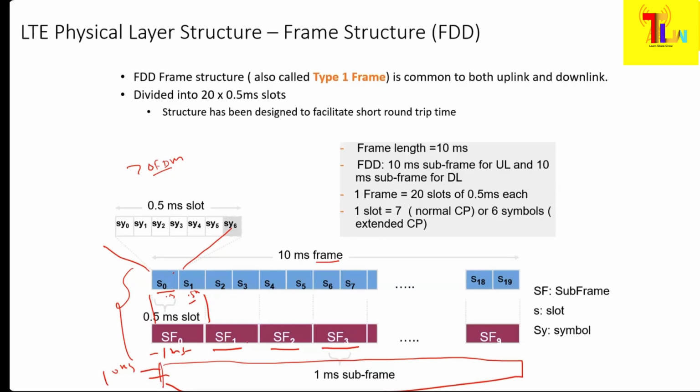In 10 millisecond we have 10 subframes, and each subframe has 2 slots. Each slot has 7 OFDM symbols, either 7 or 6. We will also discuss what normal cyclic prefix and extended cyclic prefix are and where we use them. For now, you just need to know we accommodate either 7 or 6 OFDM symbols.